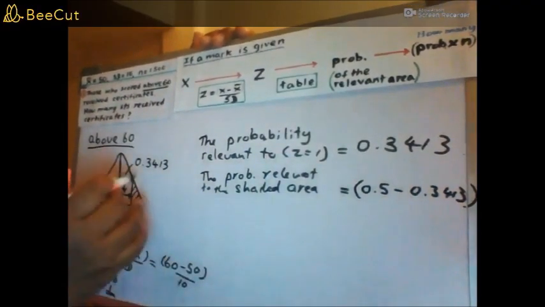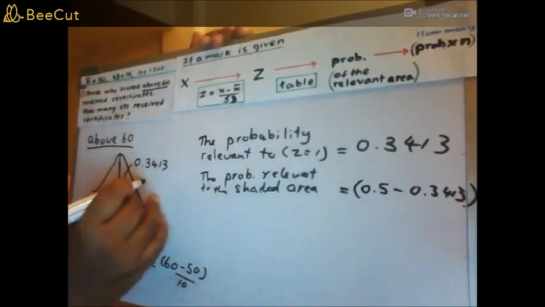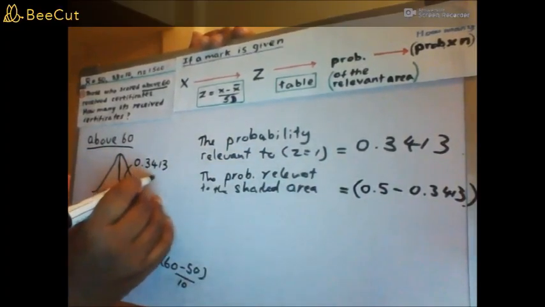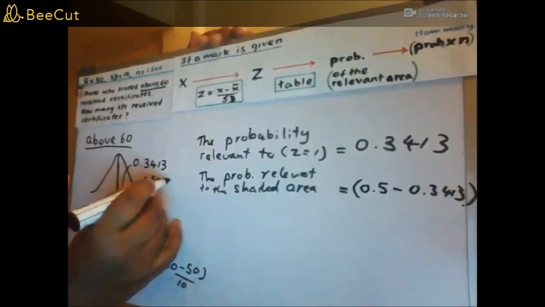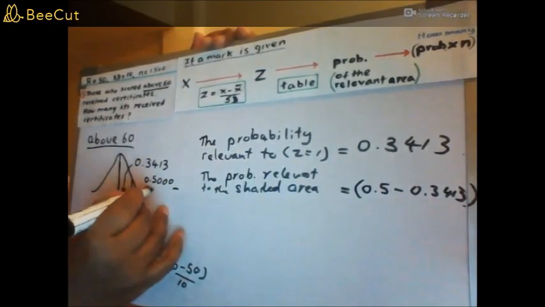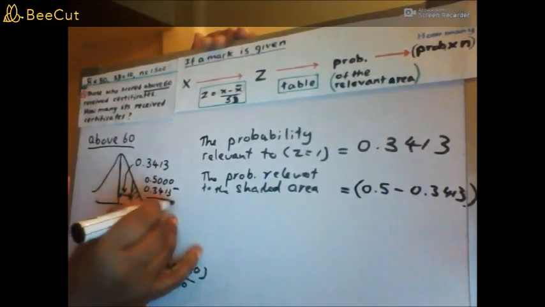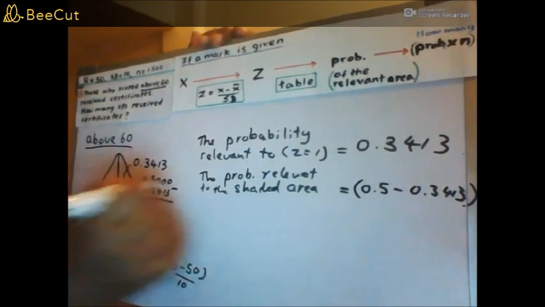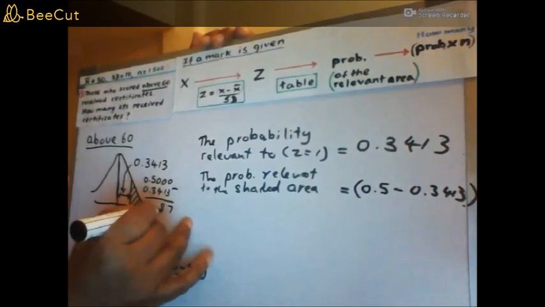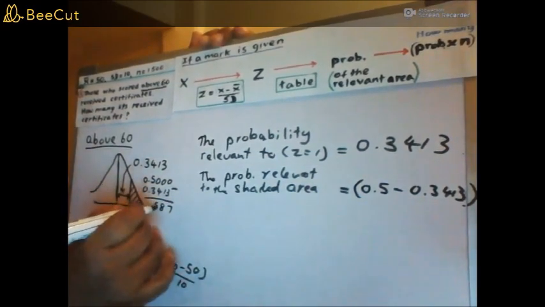Right. So here, what is that? We have to do 0.5 minus 0.3413. That is 0.1587.